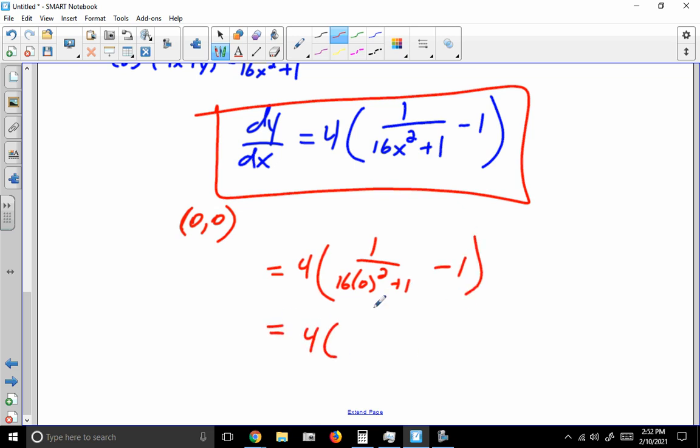So 16 times 0 squared is 0, so that's 1 over 1 minus 1, which is 0, so we end up with 0. So if we were to graph this particular implicitly described formula, then at the origin, we would have a horizontal tangent line.